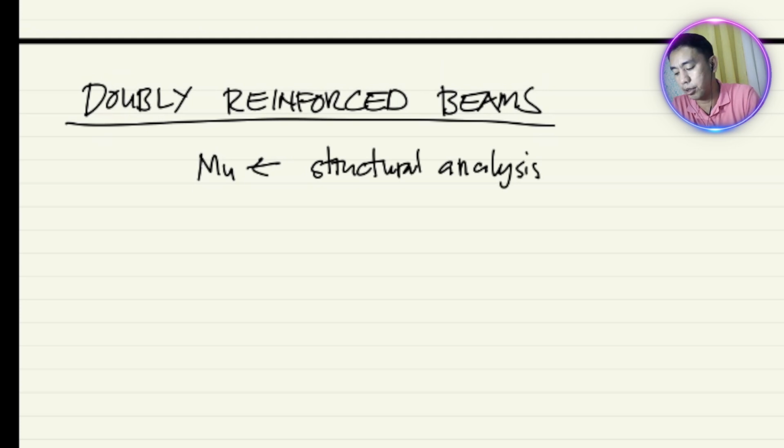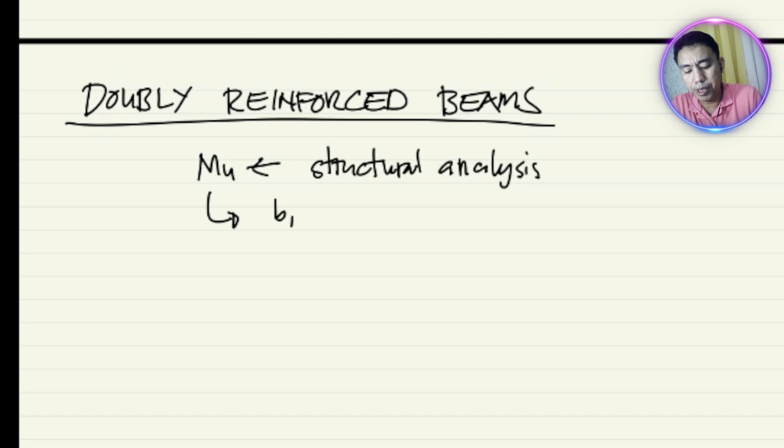Remember in your structural analysis course, you solve for the maximum moment, maximum shear, or maximum forces being applied on a beam or a member. So from there, we can solve MU. Now, in designing a beam, we have the MU. Normally, from the MU, we then design for the section of the beam and then the number of reinforcement.